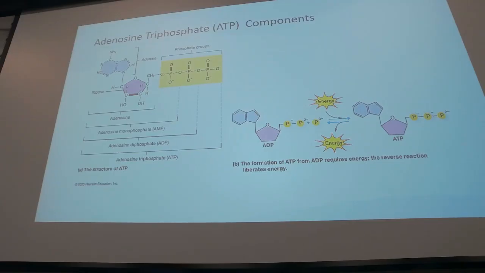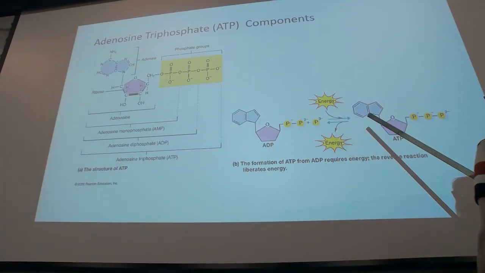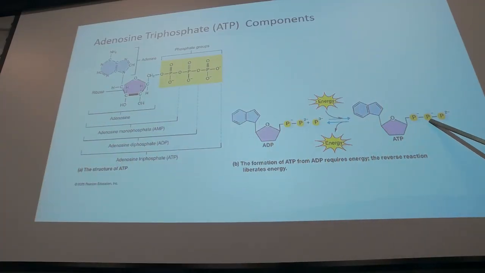So now, this is what happens with the use of ATP. ATP has these phosphate groups that have a lot of energy, these bonds between these phosphate groups. When you start breaking down the bonds, you start with the first or the terminal phosphate group.